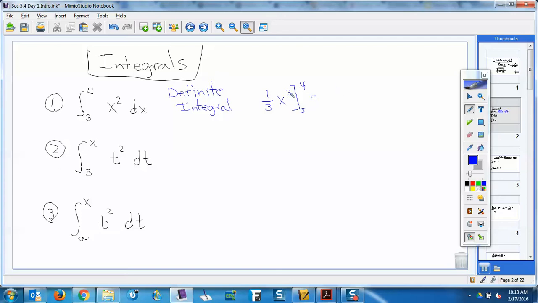We plug a 4 in there. What's 4 cubed? 64. That'd be 64 thirds minus 3 cubed is 27, that'd be 27 thirds. 64 minus 27 is what? 37? Which would be 12 1/3. I think I did that right.